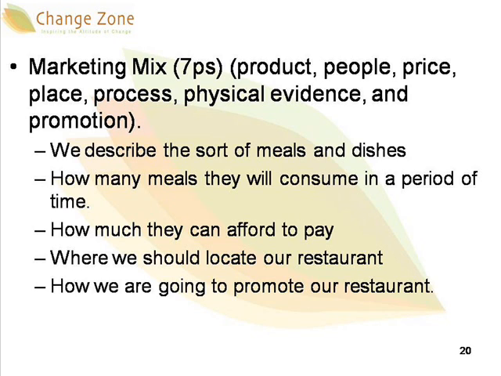For instance, we describe the sort of meals and dishes they wish to have from our restaurant, how many meals they will consume in a period of time, how much they can afford to pay for our meals, the price, where we should locate our restaurant, the place, and then how we are going to promote our restaurant.